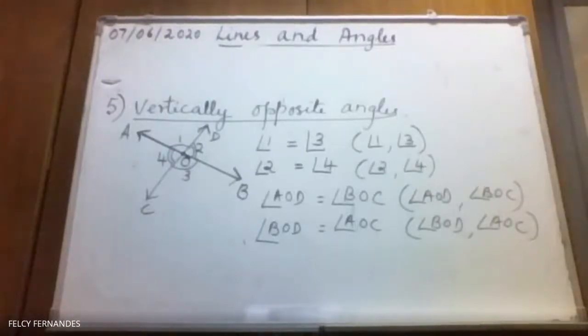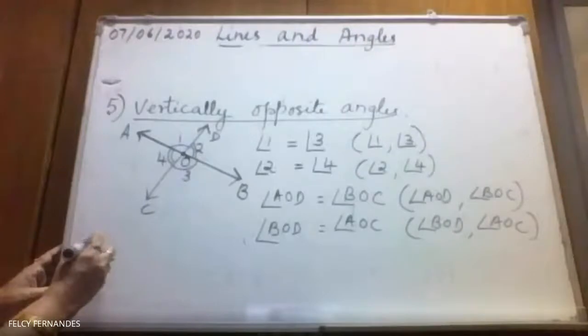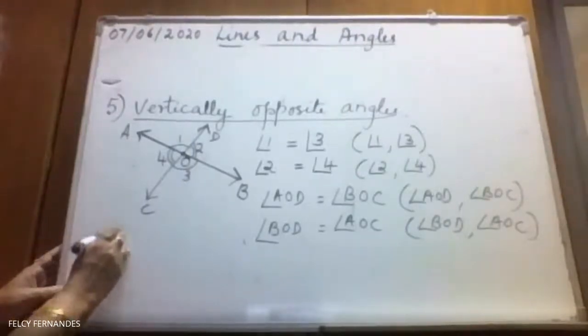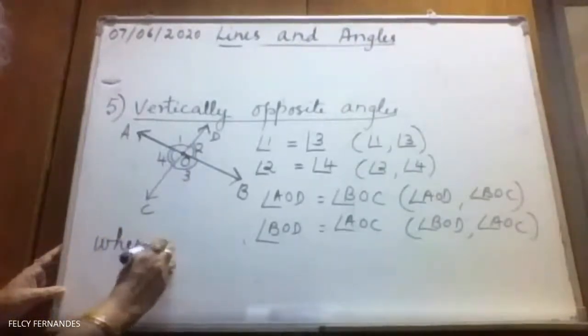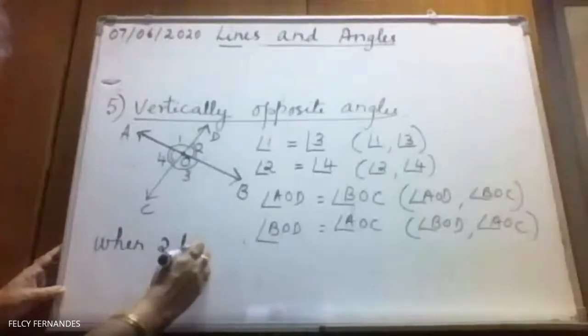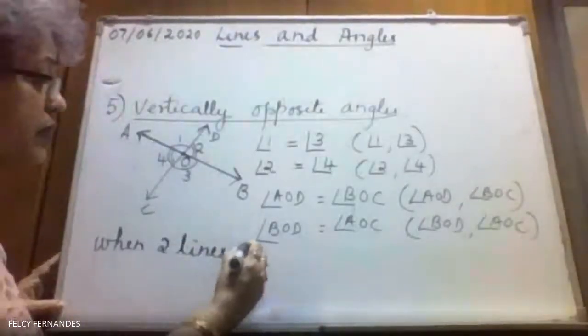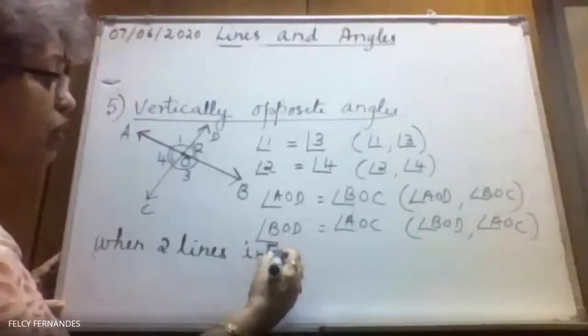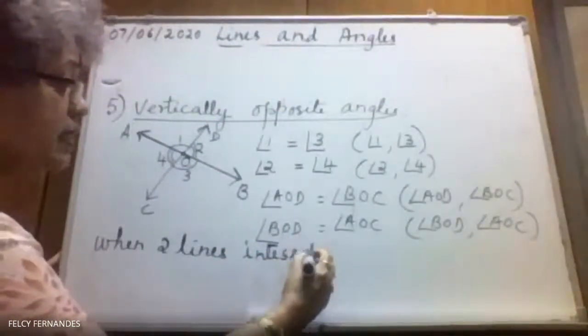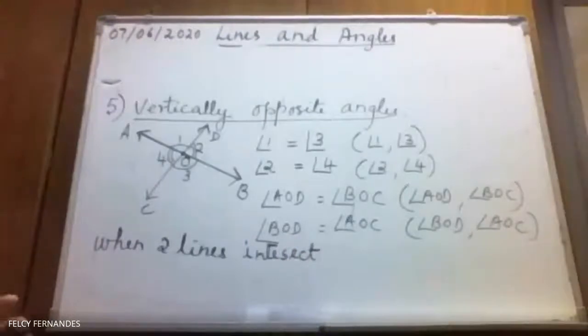Now we write down what do you mean by vertically opposite angles. So right below you can write down, when two lines intersect. Intersect means they cross, they meet, okay, they cross each other.